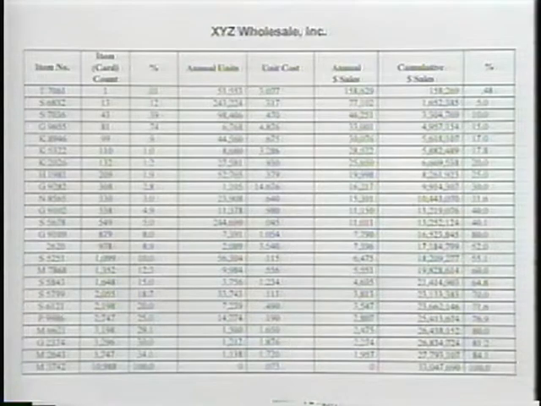10,988 different part numbers. Now, the third column from the left is the percentage column, and that percentage column is obtained by taking the total number of items, 10,988, and dividing it into each one of the above numeric item card count.